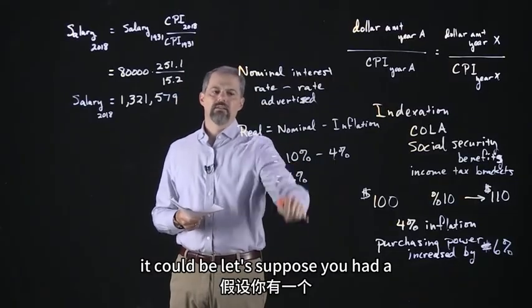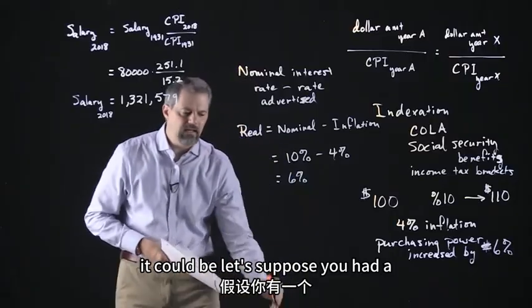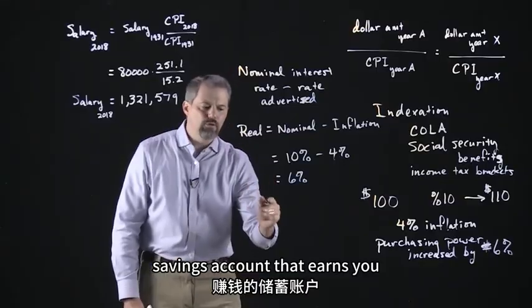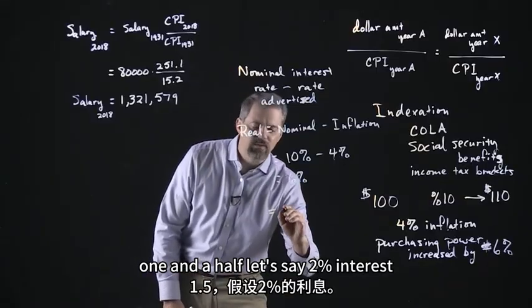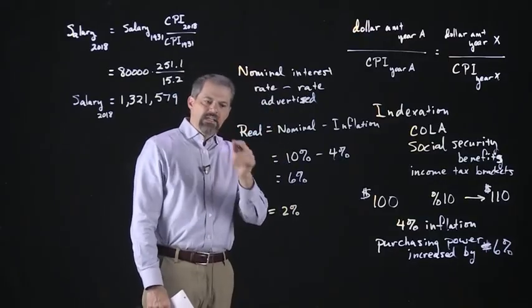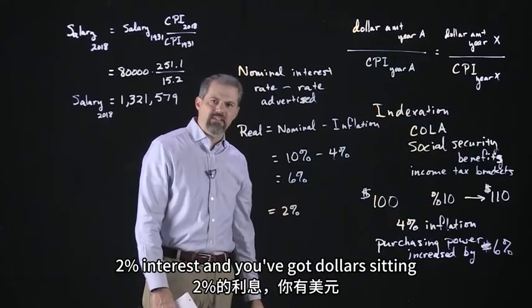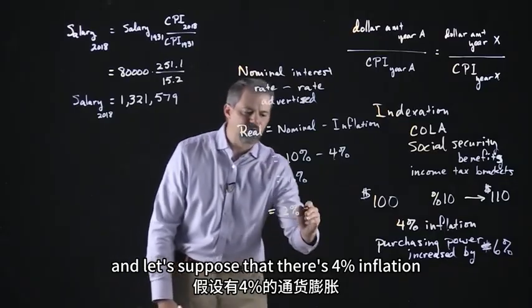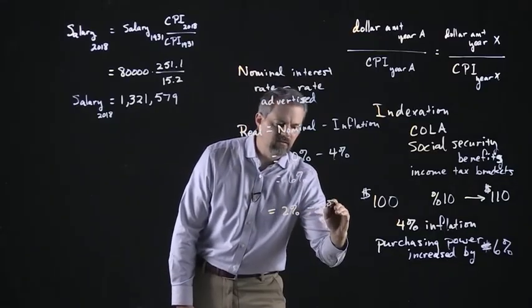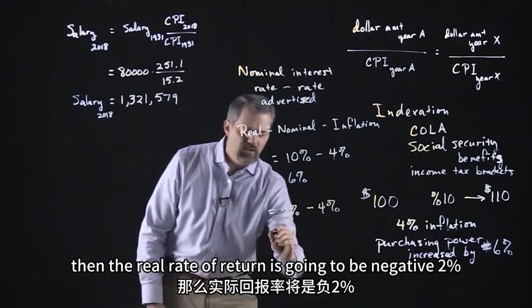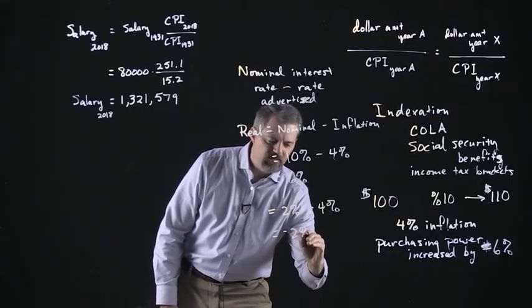Let's suppose you had a savings account that earns 2% interest. If your savings account earns 2% interest and you've got dollars sitting in that account, and let's suppose there's 4% inflation, then the real rate of return is going to be negative 2%.